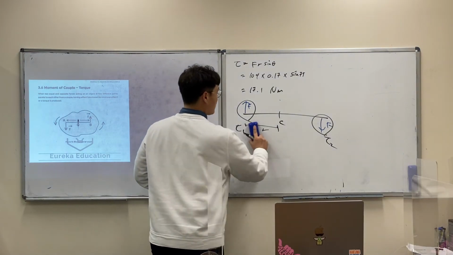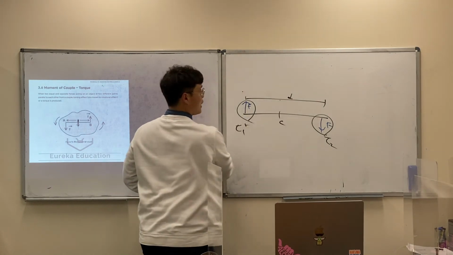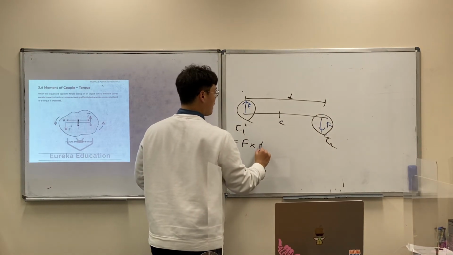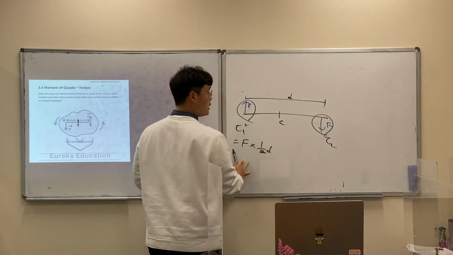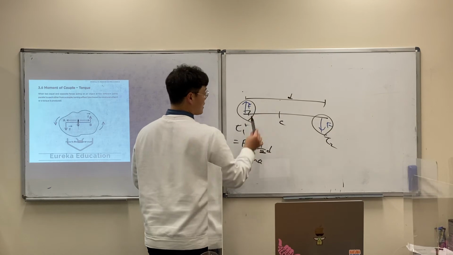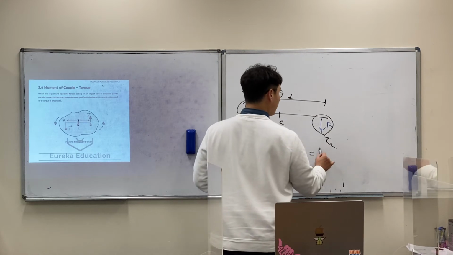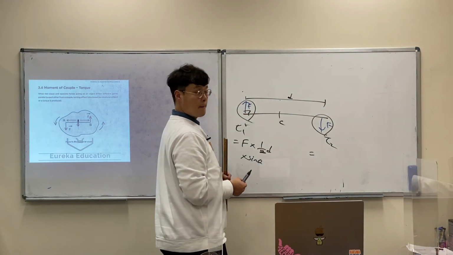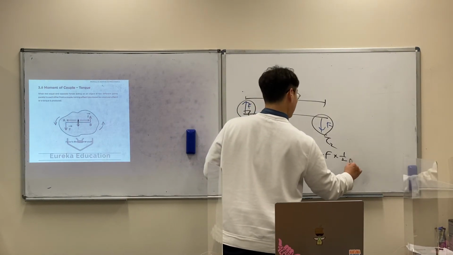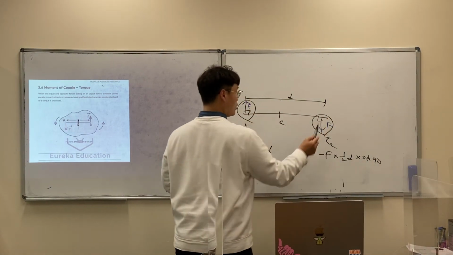We know that, assuming the diameter D is given, the torque 1 would be F times half of D, only half of D, times sine theta, assuming it's 90. Means what would be the torque applied on this side then? Minus F times half D times sine theta, which is 90.